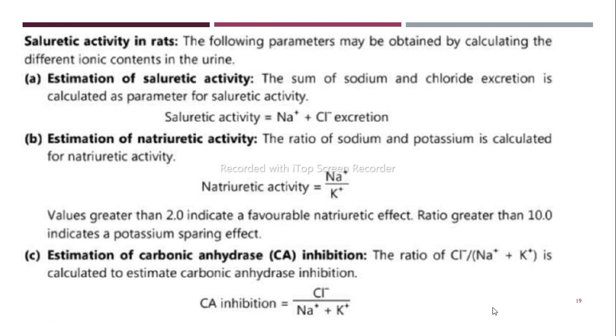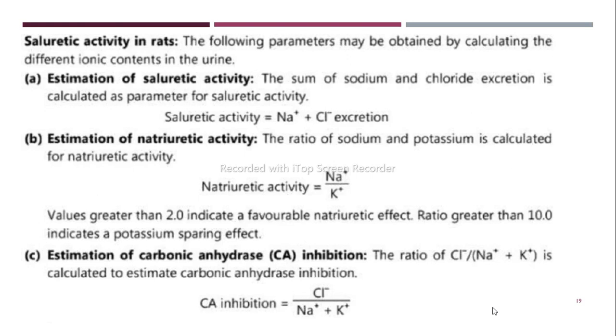Okay, so we have the potassium sparing diuretics also, and the natriuretic diuretic drugs also. By this method we can determine whether the drug causes exclusively natriuresis, or it has potassium sparing activity also. These values you can get from the flame photometry.